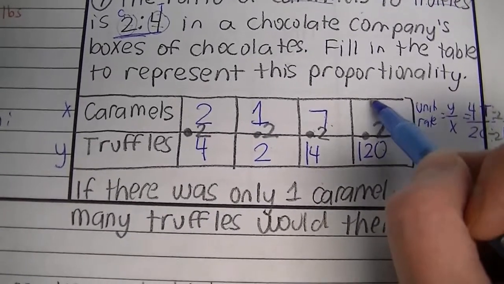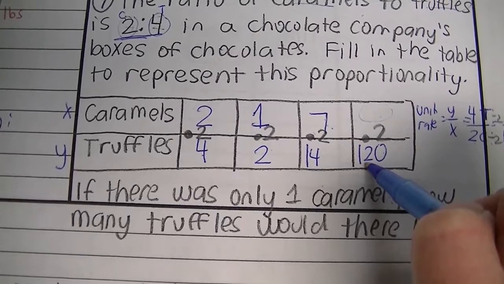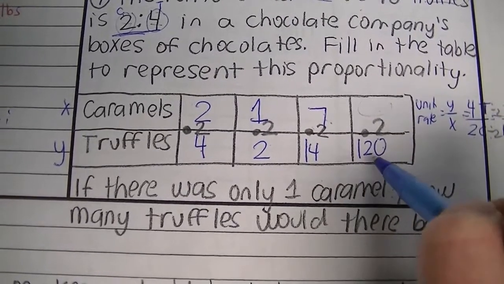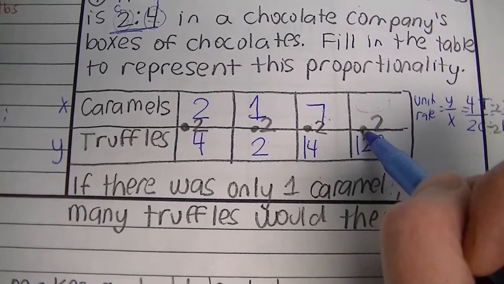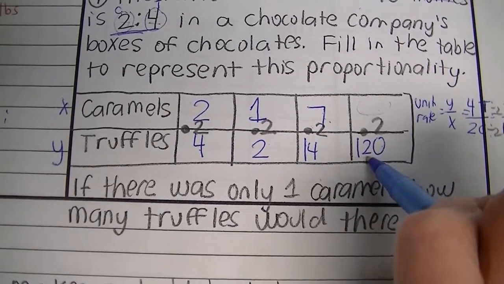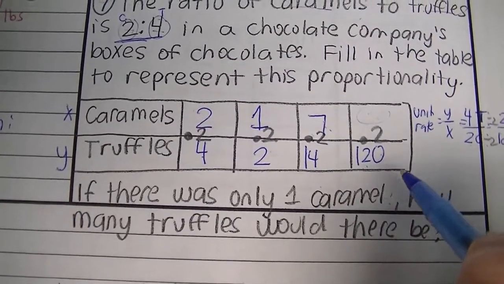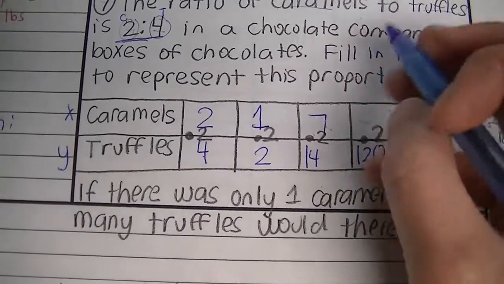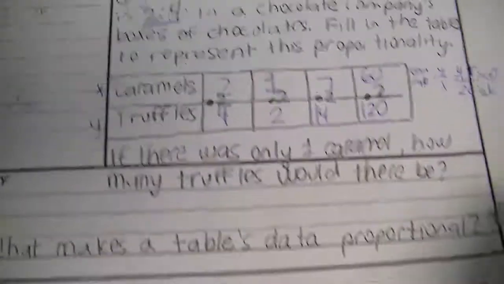So you would normally take the caramels times 2 to get the y value, the number of truffles. However, I gave it to you backwards, so you have to work backwards. So the opposite of multiplying by 2 to get this is to take this, divide by 2 to get this. So 120 divided by 2 is 60.